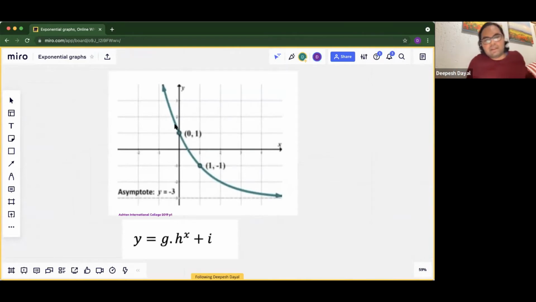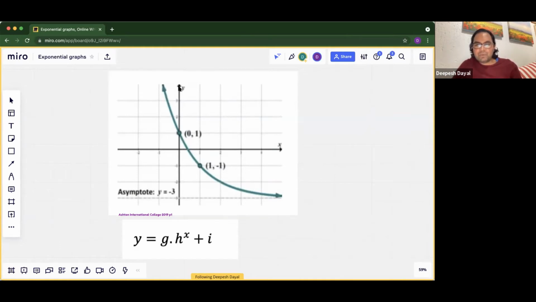Okay, we've got another graph here. We've got y equals -3, and we've also got gh to the x plus I. Okay, so let's have a look at finding the gh and the I. Firstly, what does the I represent?